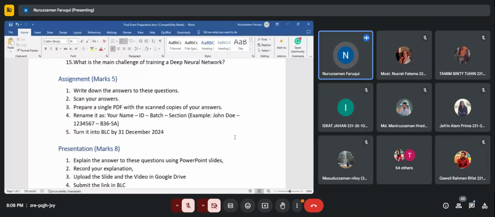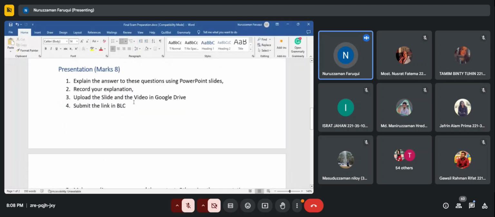So the assignment is to write down the answers to these questions. That's it. There are 15 questions. You will scan your answers, convert them into a single PDF, rename it as name ID batch section, and turn it in to BLC by 31 December 2024. That means 2 weeks from now. You have 14 days, around half of a month.